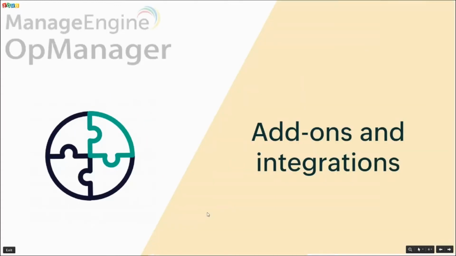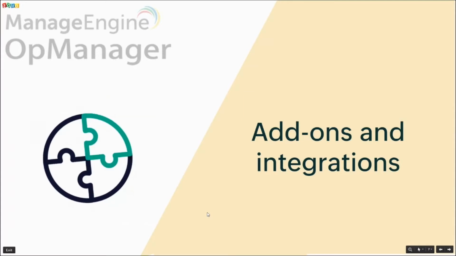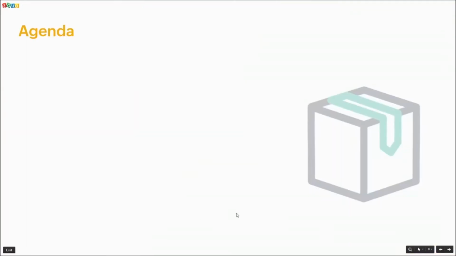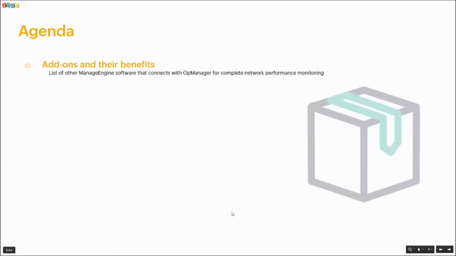Now, let's kickstart part 4 of the OpManager training series, where we are going to discuss the add-ons and the integrations. The agenda for today's webinar is as follows. We are going to see in detail the add-ons and their benefits, where we'll be discussing the list of other ManageEngine software that are connected with OpManager to give a complete network performance and network monitoring tool.